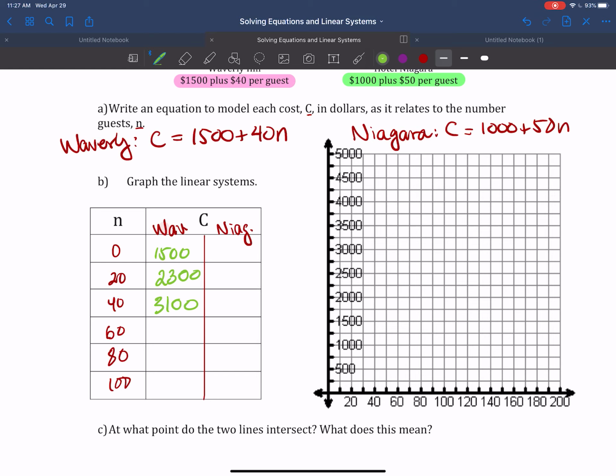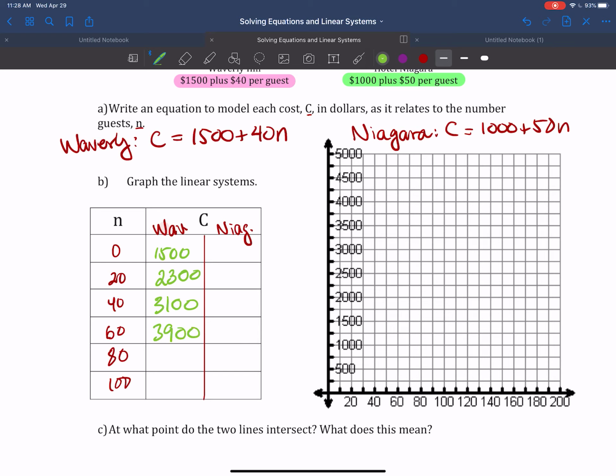It's going up by $800 each time. So if you did it again, you could just add the difference, or the first difference, but 60 I put in there. So 40 times 60 is 2,400 plus 1,500 makes 3,900.